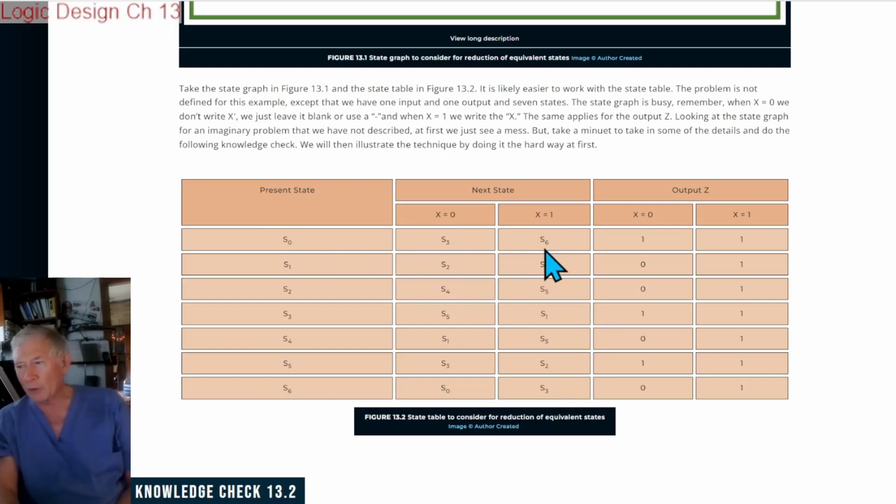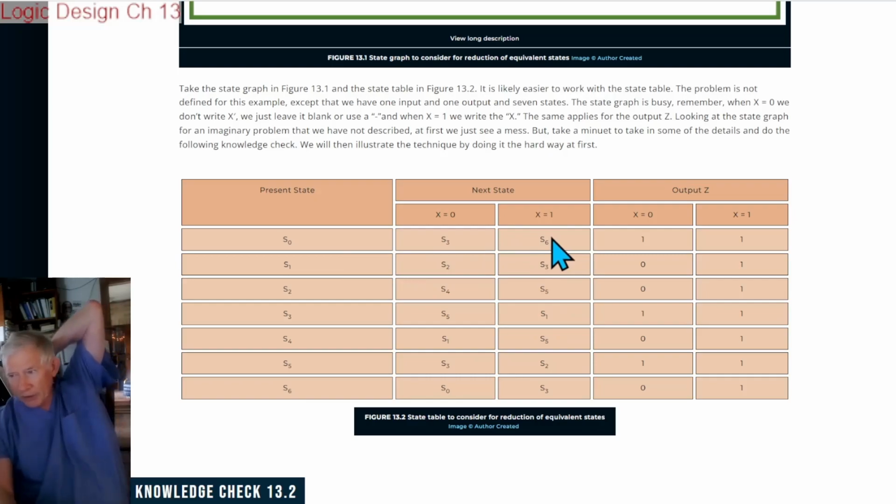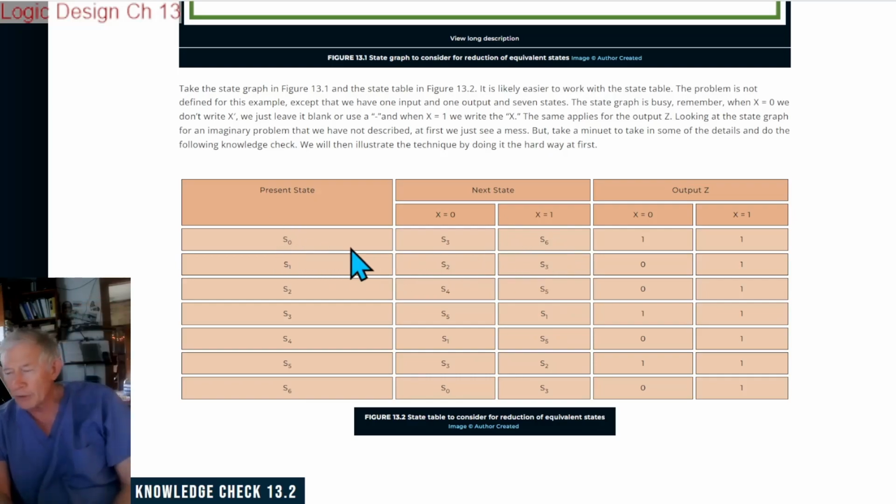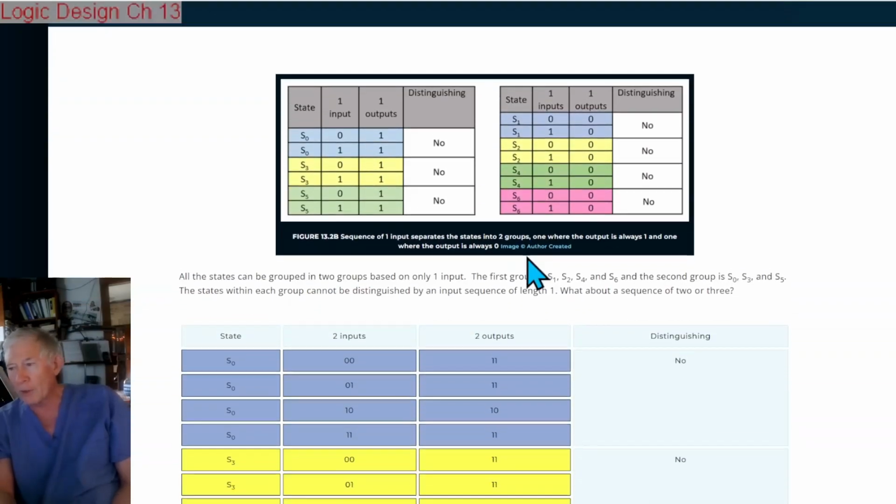When we look at x equals 1, S0 goes to S6, which is not in the same group as S3 and 5. S3 goes to 1, and S5 goes to 2. So those are okay. But going to 6 is not okay because 6 has been kicked out of that group. So now we have a distinguishing sequence for S0 with our inputs.